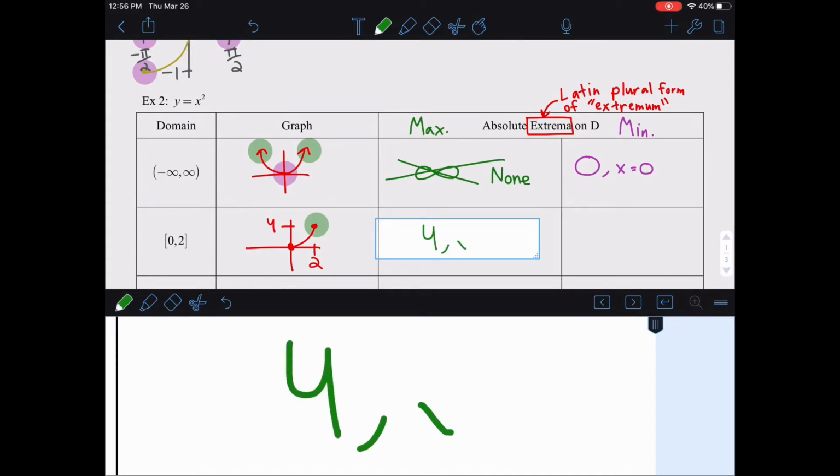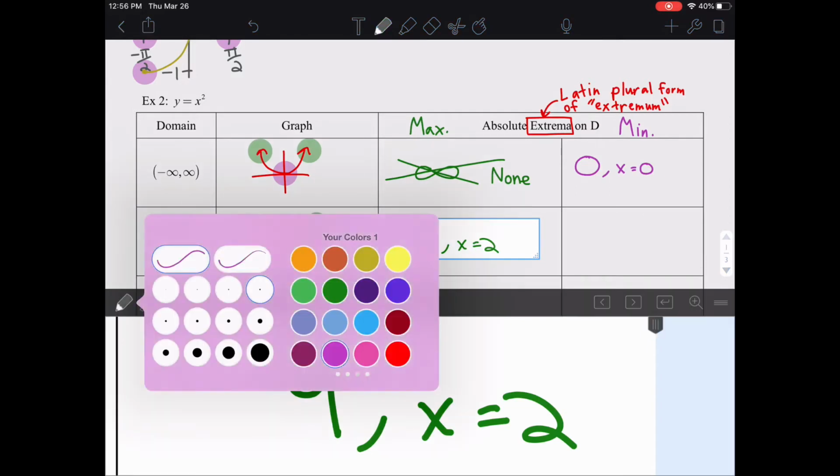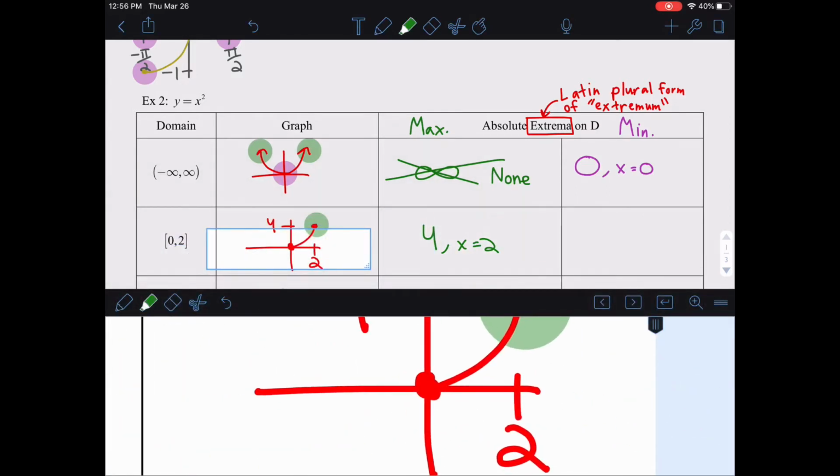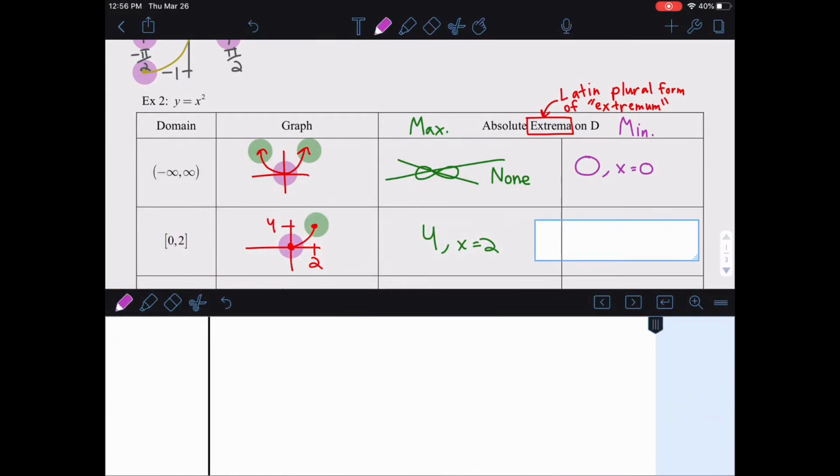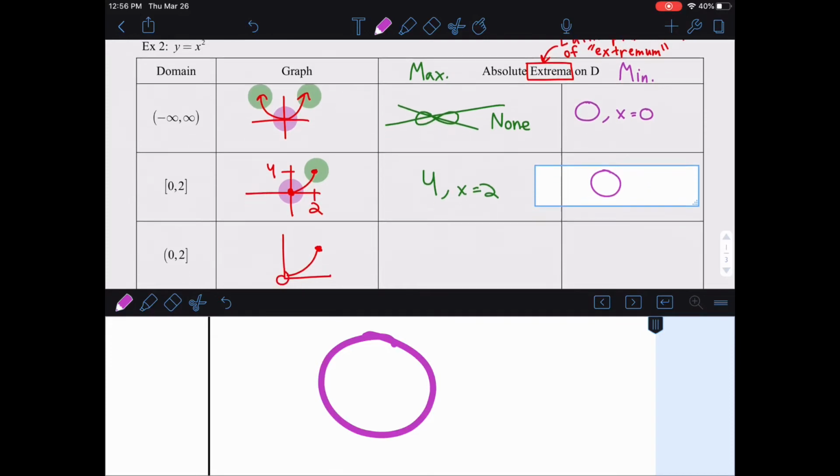If you want to write comma x equals 2, you can, but you don't have to. Minimum value: what's the smallest this is going to be? The smallest is going to be at 0, and that output is again going to be 0. Okay, so that one's not too bad.